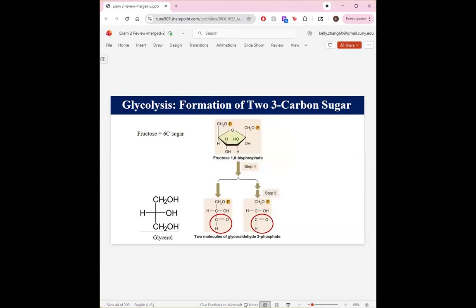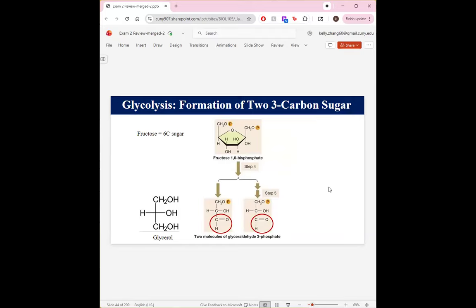So then the G3P gets used, and ADP combines with a phosphate to form ATP. I'm sorry. The glucose becomes fructose 1,6-bisphosphate, which is a 6-carbon sugar, which then produces 3 molecules of G3P, like I said previously.